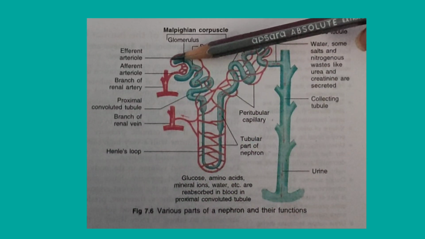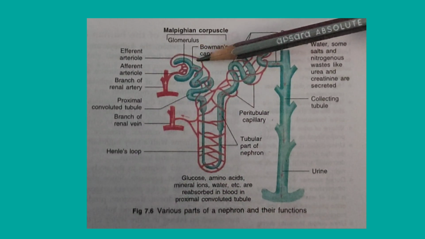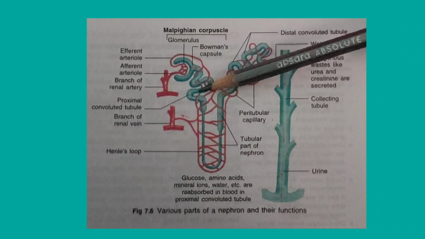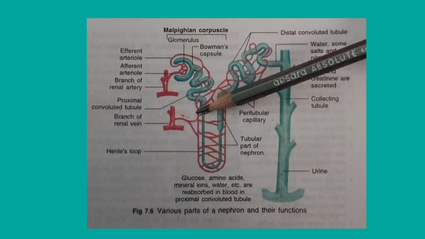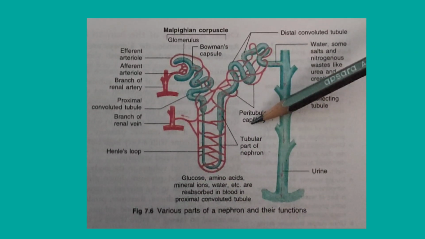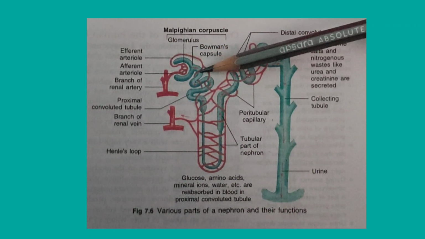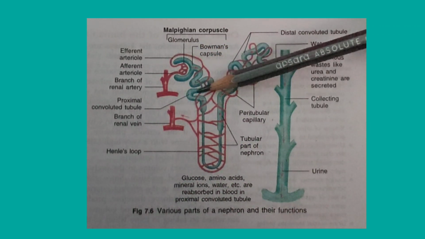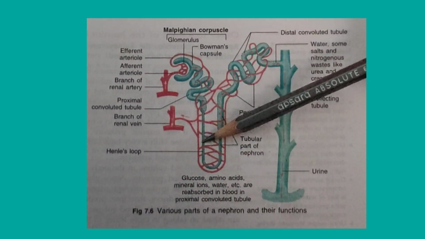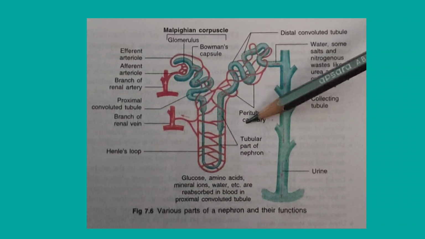After the efferent arteriole comes out of the Bowman's capsule, it further divides and forms a second capillary system called the peritubular capillary network.